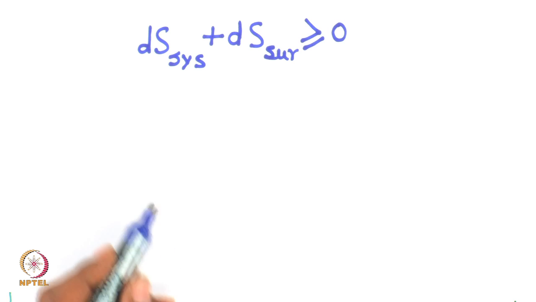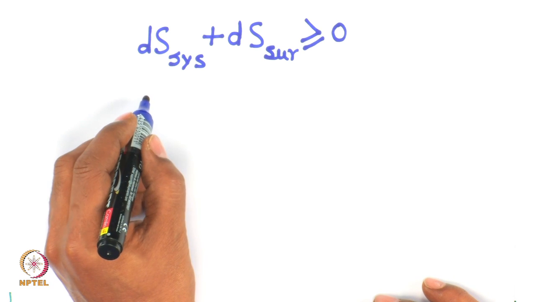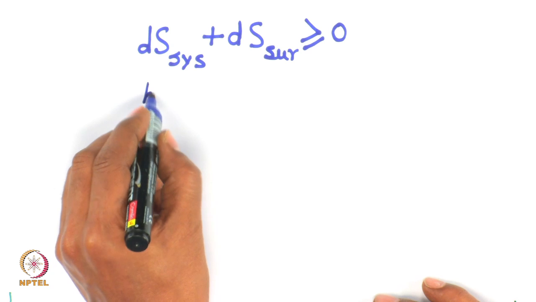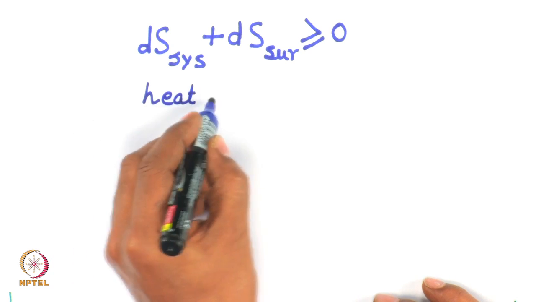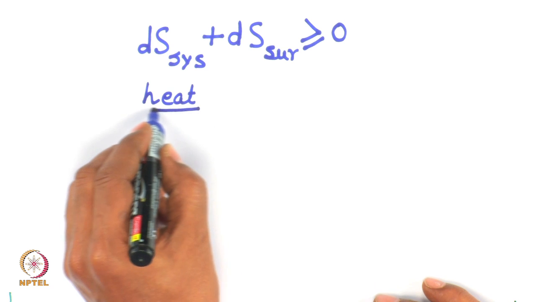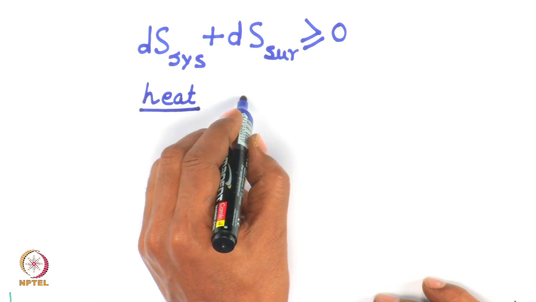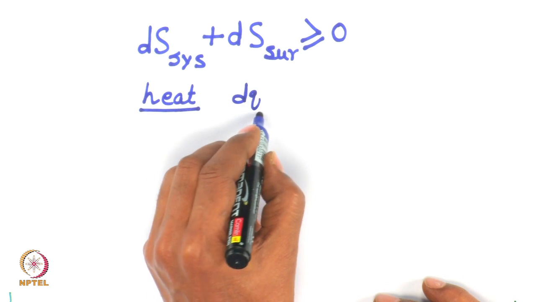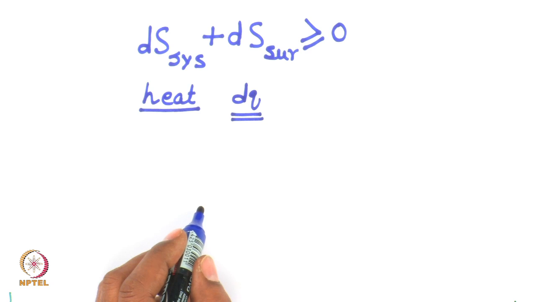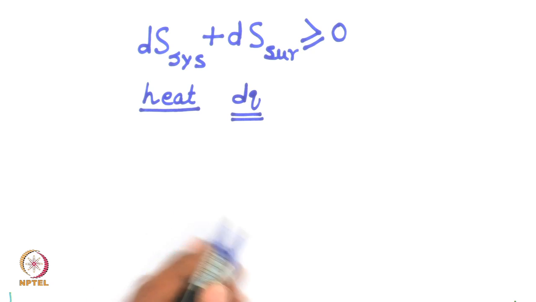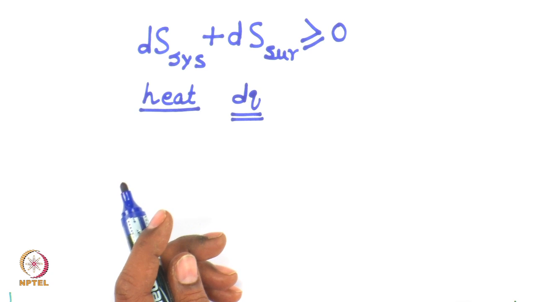Now, let us say that the heat change is dq for the system. This is the infinitesimally small amount of heat which is either given out or taken in by the system.